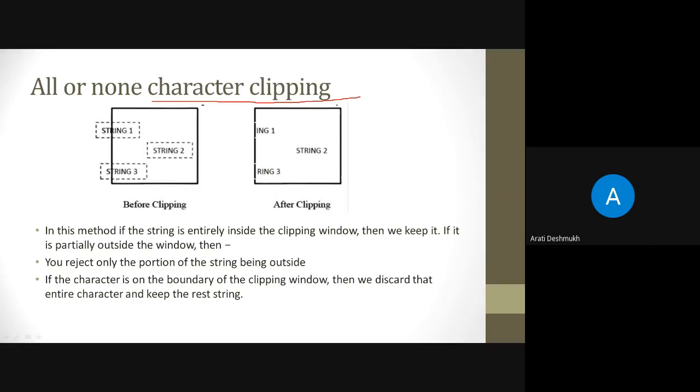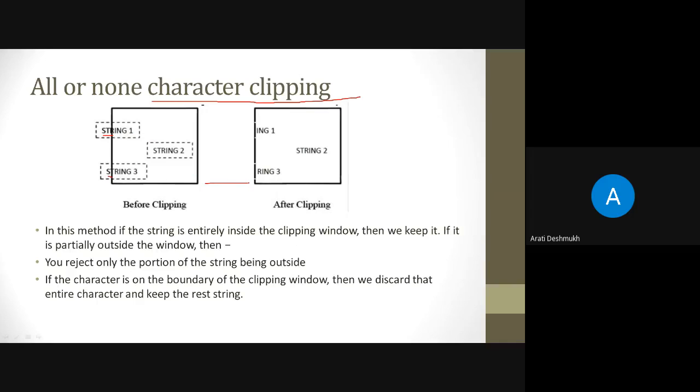Here we remove the str. Individual characters are compared against the clipping window boundaries. Before clipping, string 1 and string 2 have some characters outside the window or on the boundary, so we clip those characters.